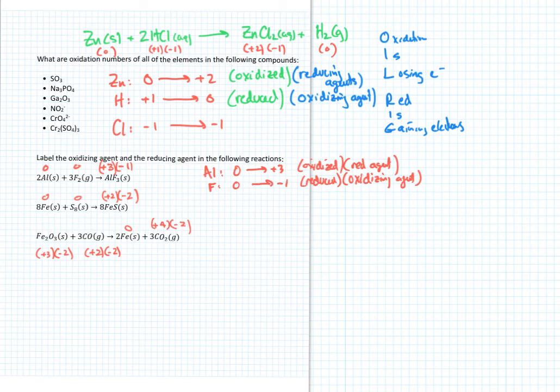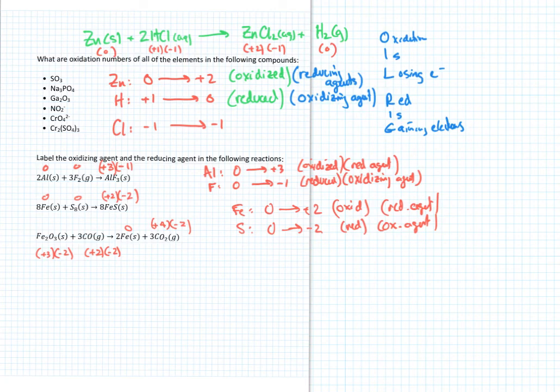Okay? Second equation, we have iron and sulfur. So iron is going to go from 0 to +2, and sulfur goes from 0 to -2. And again, this one was oxidized, this one's reduced, this one's the oxidizing agent, this one's the reducing agent.